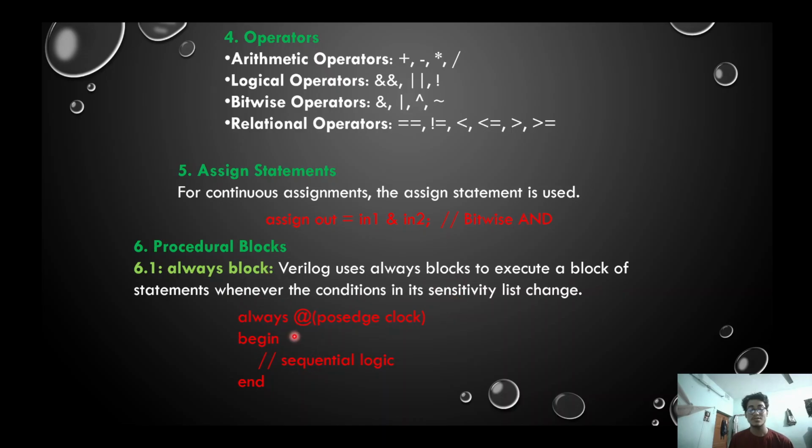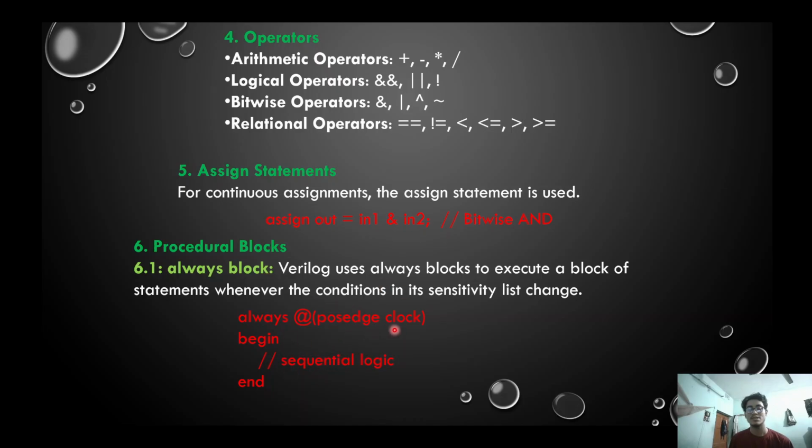An always block starts with the keyword always, then at the rate of, then the sensitivity list within parentheses, and sequential logic within begin and end keywords. Of course, begin and end keywords are used for multiple lines. If it is single line logic, we do not need to use begin and end keywords.